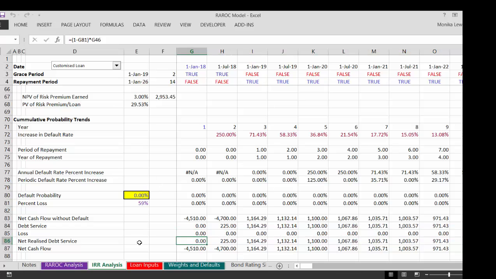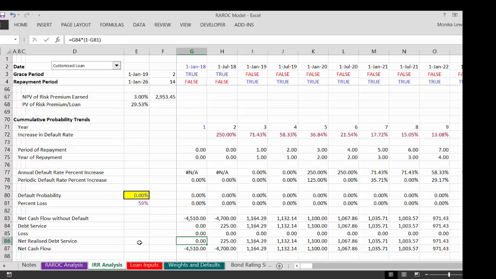And then our net realized cash flow is the cash flow without the default minus the loss. I'm sorry, the net debt service is the debt service times 1 minus the loss percentage.